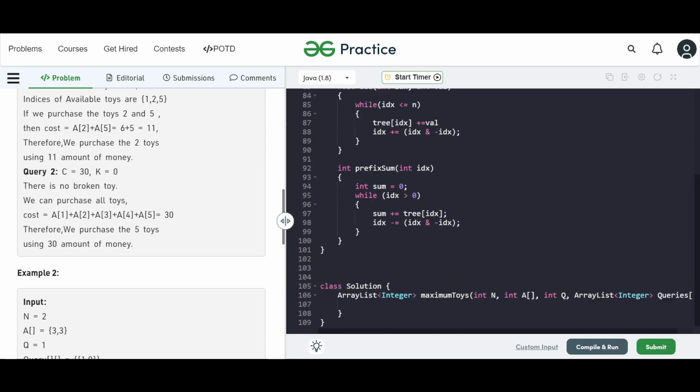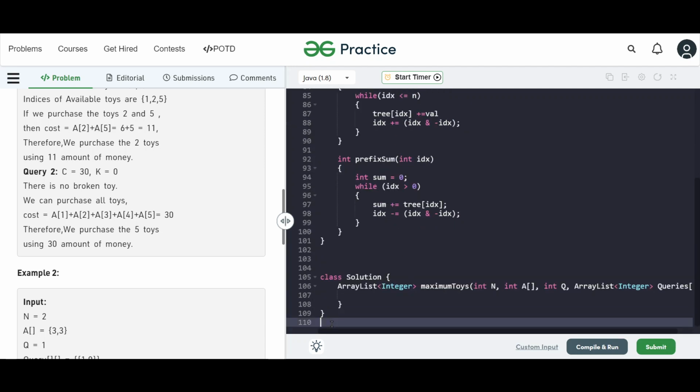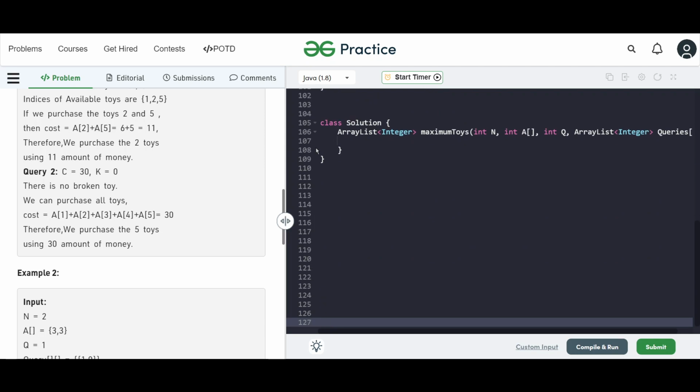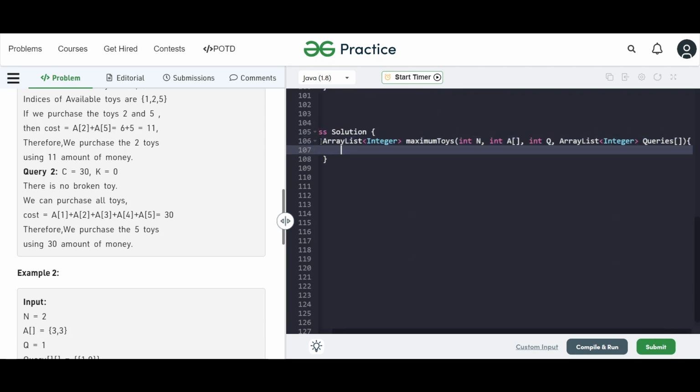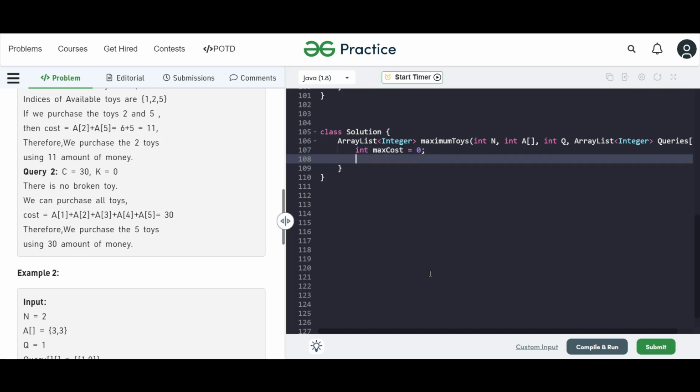Now, let's come to the actual solution class. And so what do we do here? Let's first find the maximum cost, right? So let's say max cost equals to 0.